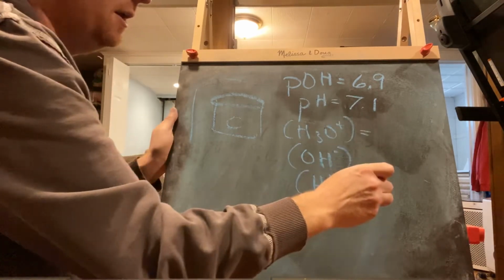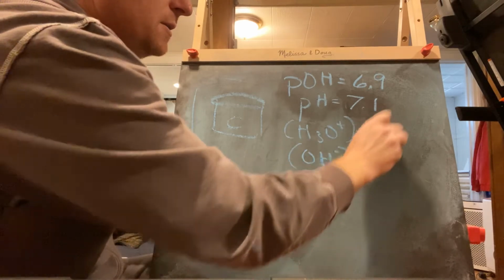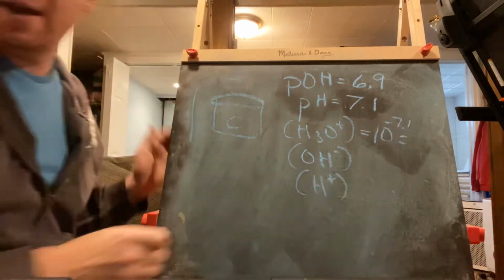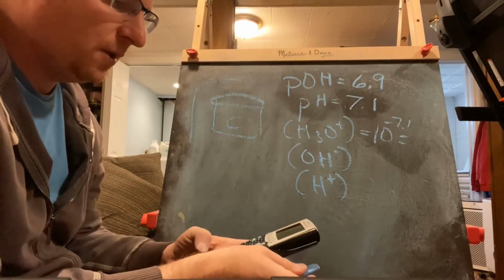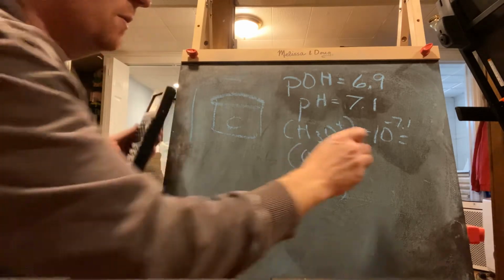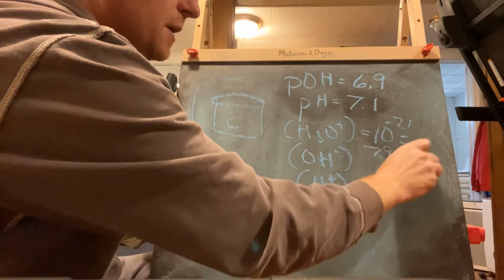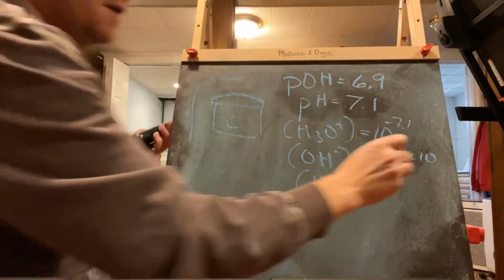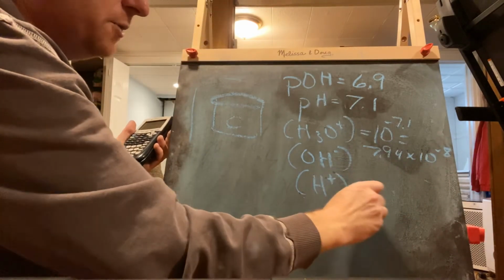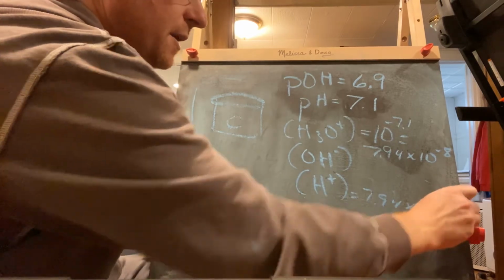H3O plus, so I'm going to plug it in as 10 to the negative 7.1, but that's not going to be your answer. You're going to go 10 to the negative 7.1, which gives you 7.94 times 10 to the negative 8th, which is also your H plus, 7.94 times 10 to the negative 8th.